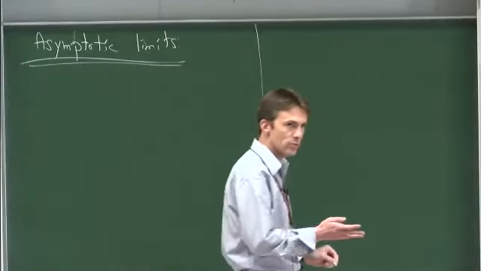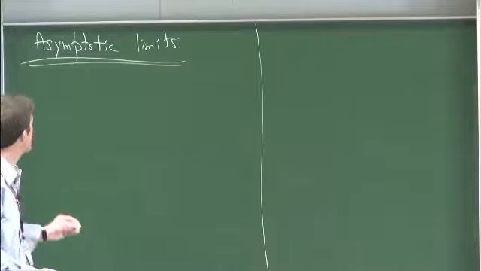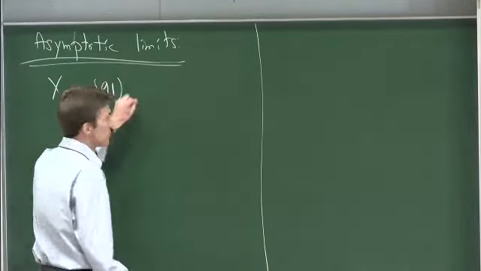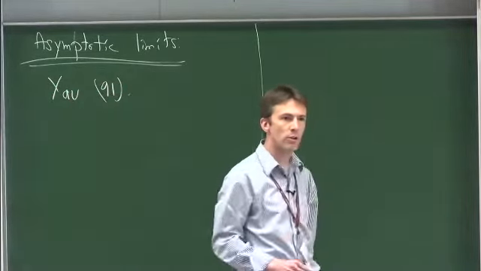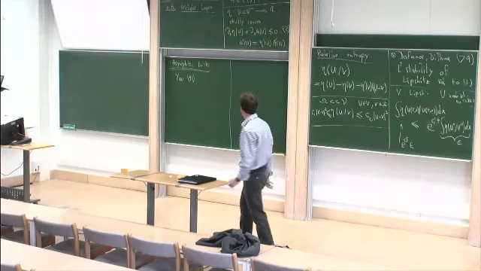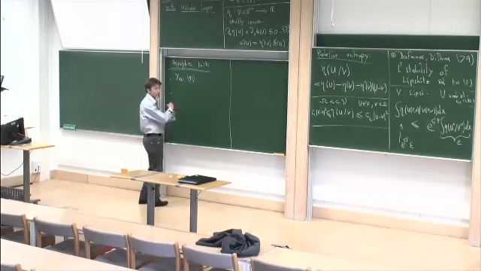Most of the time, the first result that we cite for relative entropy used for asymptotic limits is the result of Yao in 91. It was in another situation. It was for the Ginzburg-Landau equation, but it was to show the convergence on some models. There is another one that I like very much. There is a lot, of course, of work of this kind.